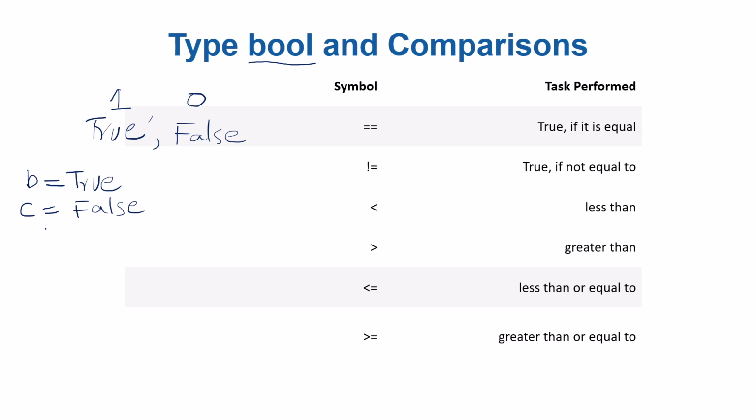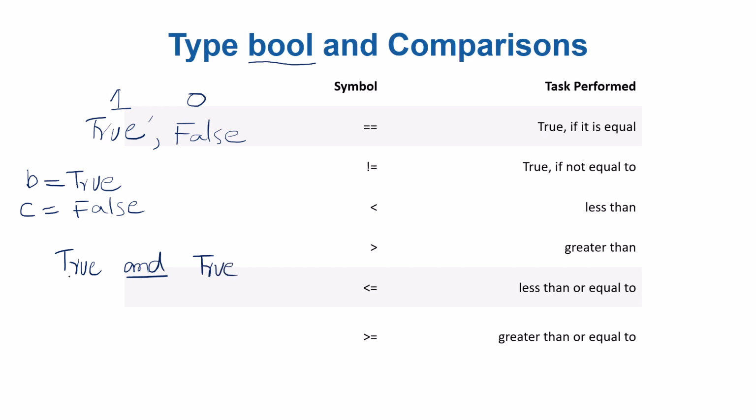One thing that is important: there are other operators, other than the arithmetic operators that we saw, like adding, subtraction, division, that we can apply on bool data type. For example, and is a keyword, combining True and True.